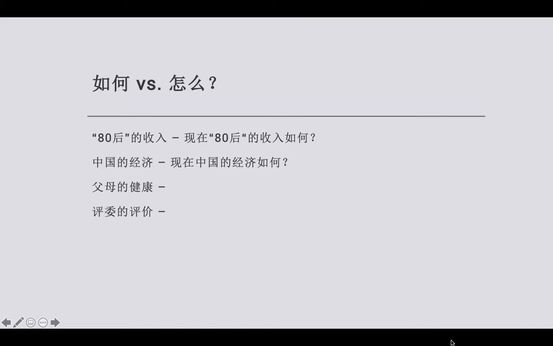The next one, 父母的健康, the parents' health. 父母的 is parents', 健康 is health. So now what's the situation about the parents' health?